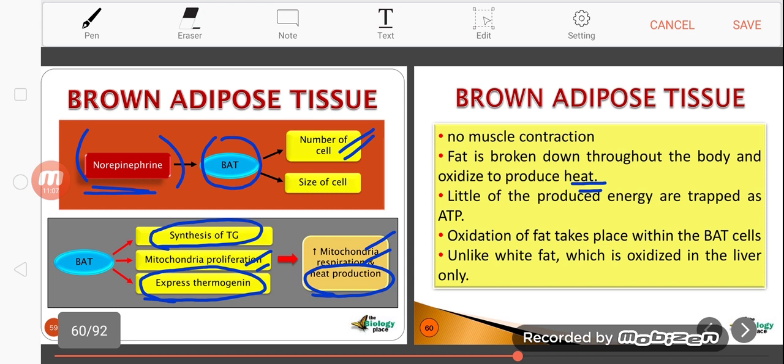It just involves the BAT using their own cellular mechanism or regulation, such as a high number of mitochondria, and the breakdown of the fat into triacylglyceride. So that breakdown of fat will produce the heat. Okay, and eventually this thermogenin protein helps in terms of heat production.